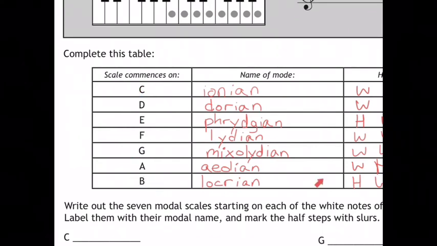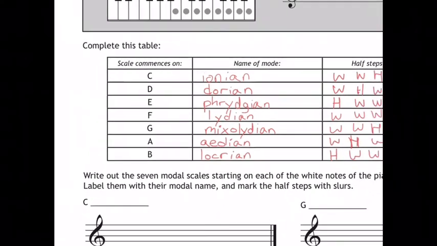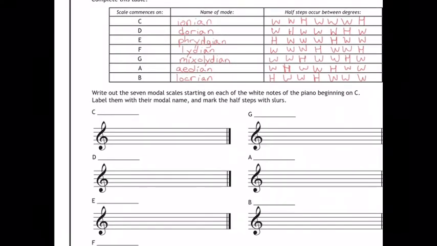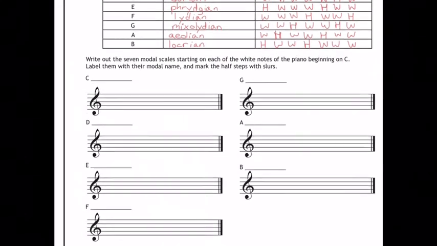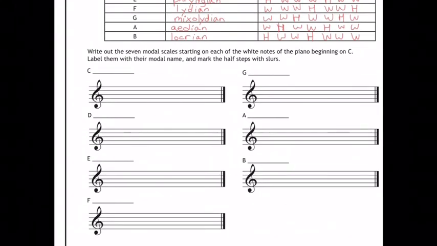So, it says, write out the 7 modal scales starting on each of the white notes of the piano, beginning on C, label them with their modal name, and mark the half steps with slurs. Essentially what they're asking you to do here, guys, is to write out the scales that are printed up here.